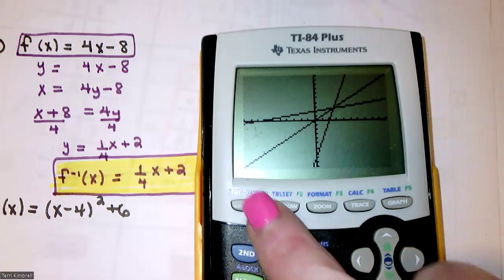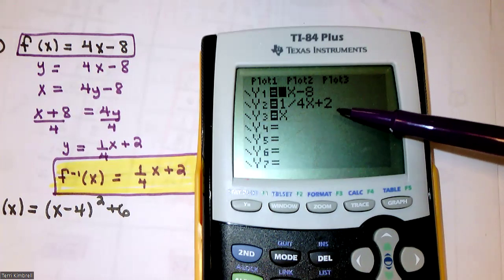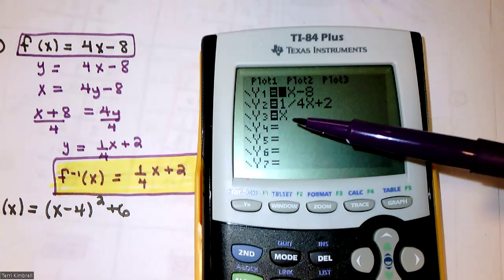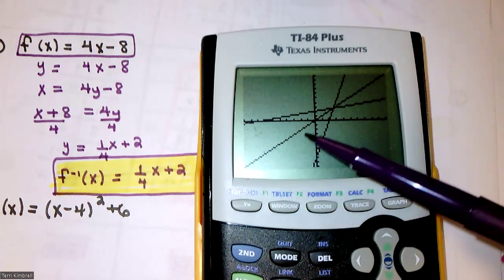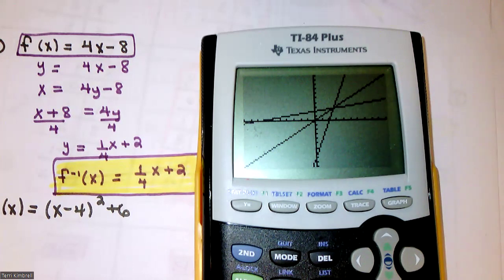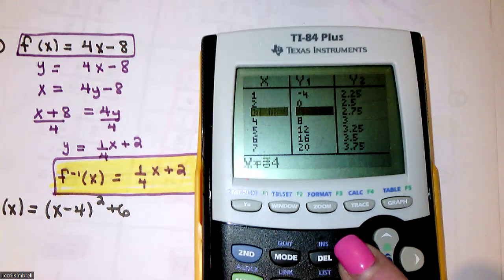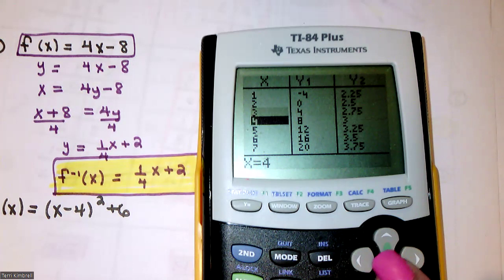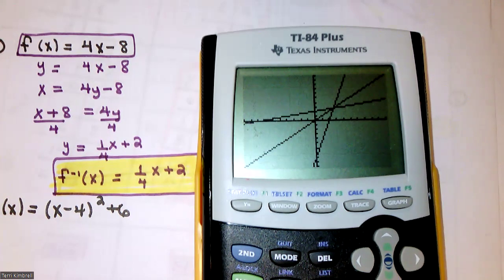So I graphed the original given, I graphed the inverse, and then I also graphed the identity. You can see that they are reflecting over y equals x. When you go to your t-chart, you can see, for example, 3, 4 would be 4, 3 in the other function. So the x's and y's are interchanged, okay?